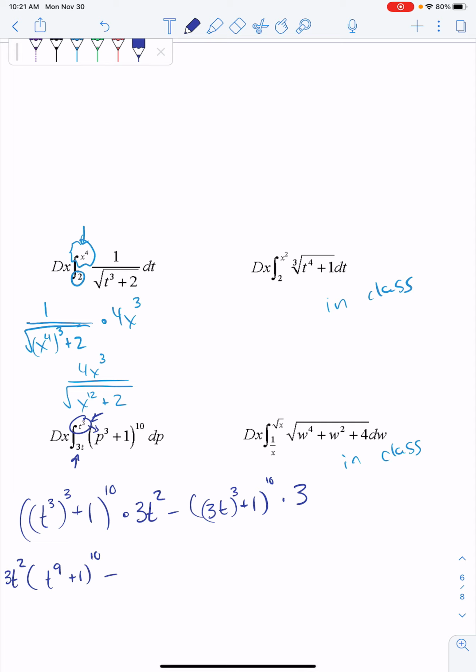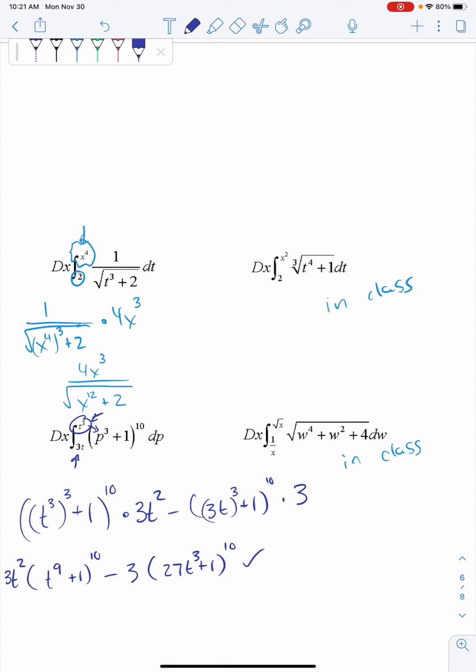And then I'm going to minus 3 times 3t cubed becomes 27t cubed plus 1 to the 10th power. And I'm not going to worry about cleaning that up at all. I'm okay with that being the way that it is.